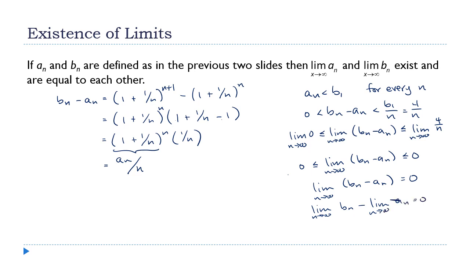Move that second limit over, add it to both sides, and we get the limit of a_n equals the limit of b_n. The two have to be the same. Okay, that's what I needed to show.